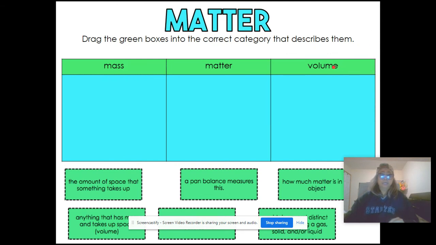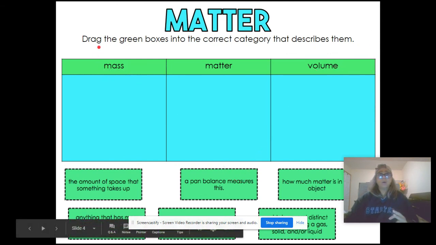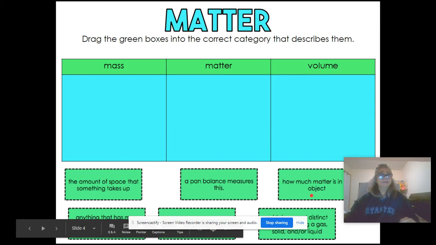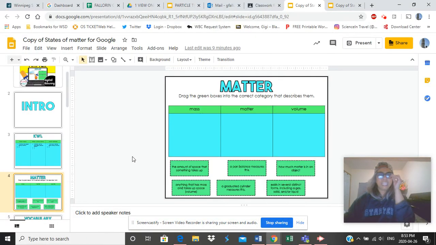Now, matter. So I want you to drag the green boxes from below and put them into the correct column. So this is a unique feature of this assignment, the drag and drop feature. So how would that look on your end?